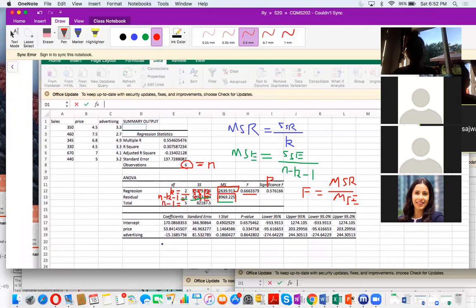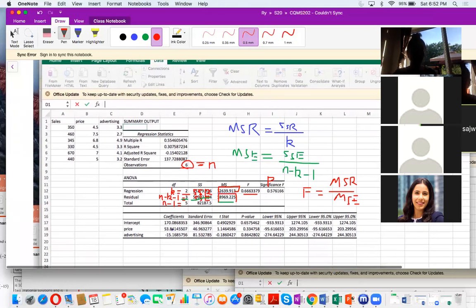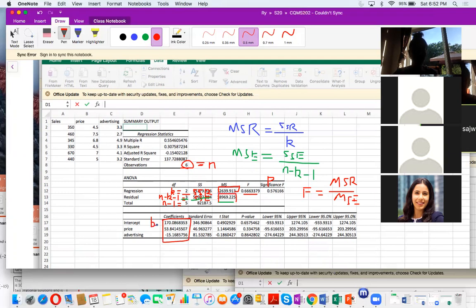And the next one, we already explained these 3 numbers. The first number is the intercept B0. The second number is the slope for X1. The last number is the slope for X2, B2. And you have a standard error. For standard error, the important numbers are 2.